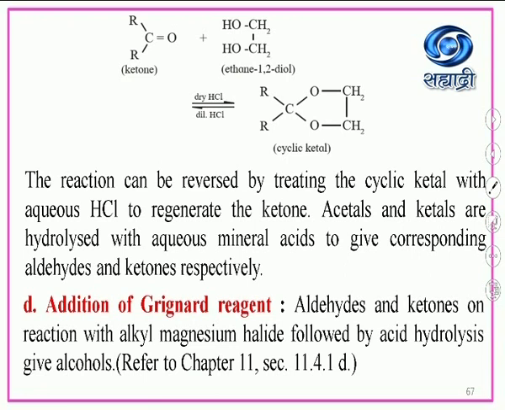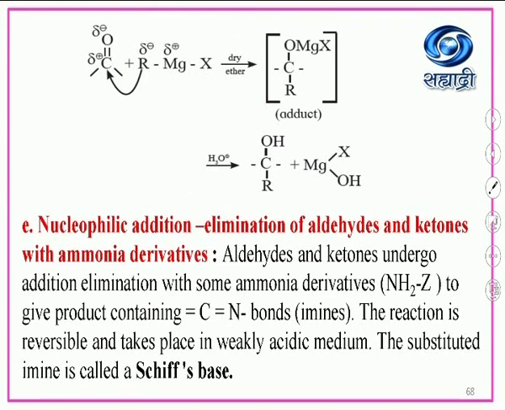Then the next reaction, addition of Grignard's reagent. Aldehydes and ketones on reaction with alkyl magnesium halide followed by acid hydrolysis give alcohols. Refer to chapter number 11, section 11.4.1d, in the previous chapter. So this is the ketone reacting with the Grignard's reagent RMgX.